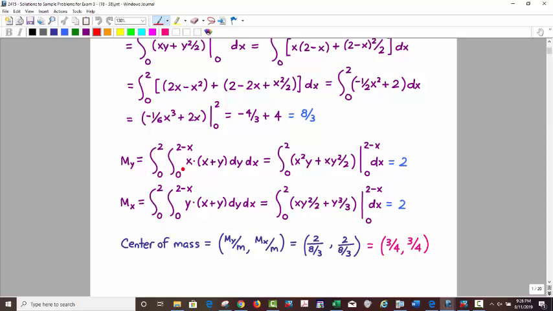So we're integrating x squared plus xy. And the antiderivative with respect to y would be x squared y right here. And then the antiderivative of xy would be 1/2 x y squared. So I stopped right here, meaning you're about to plug in the 2 minus x and the 0 into here.